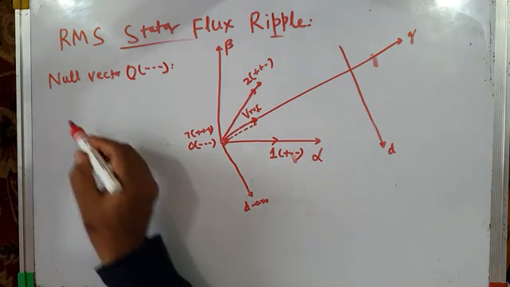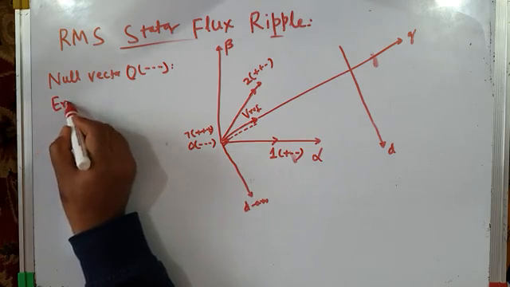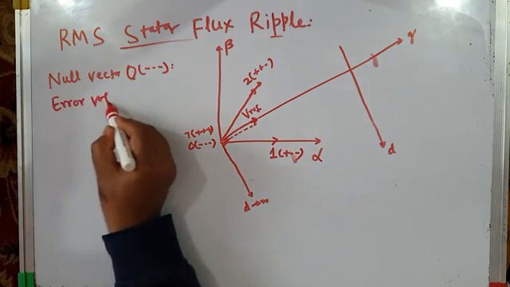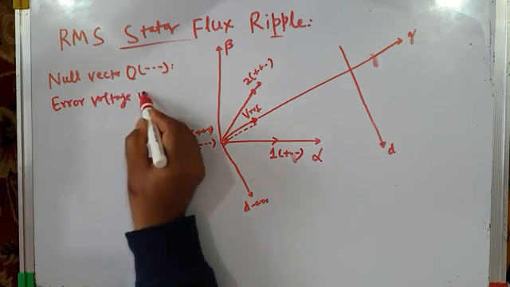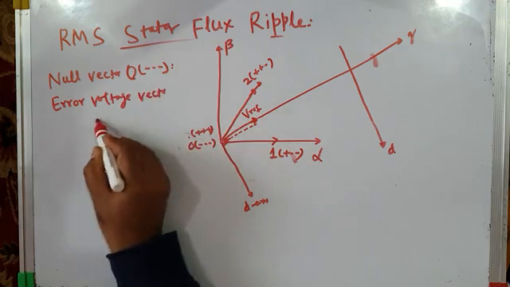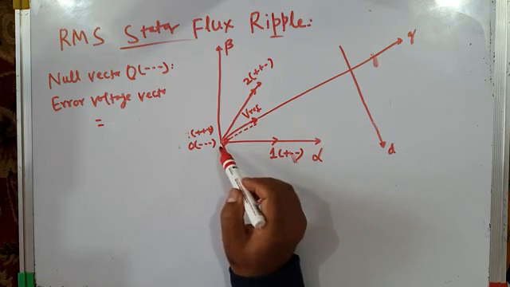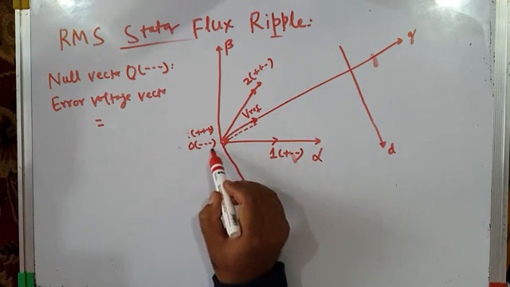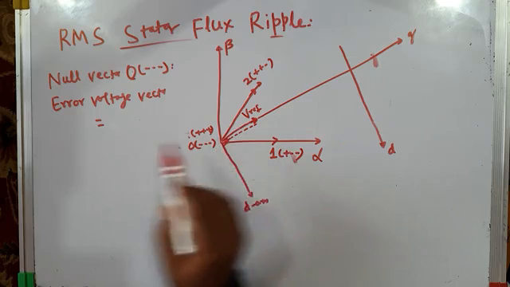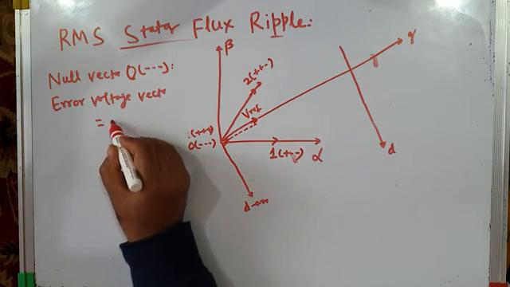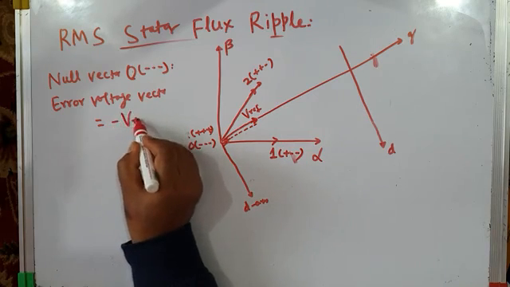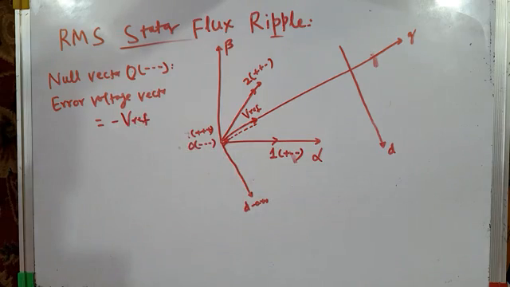So the error voltage vector is the applied vector minus reference vector. I mean, the applied vector is 0, its length is 0, so it is minus vref. Okay, so it is minus vref. This is the error voltage vector.